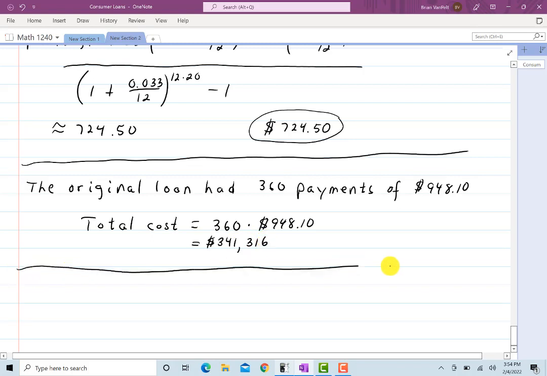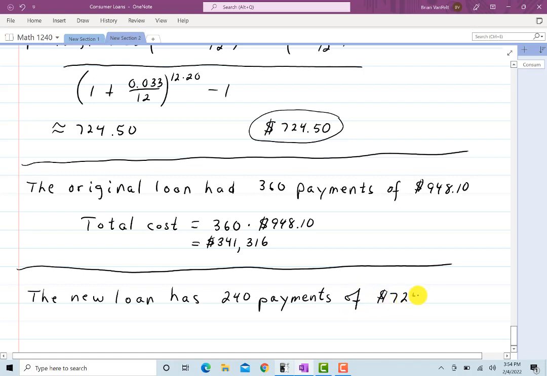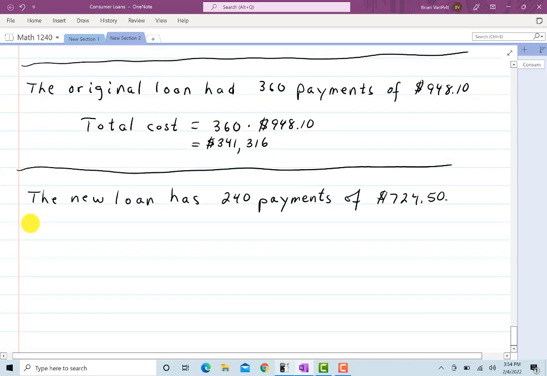Now for the new loan. It has 240 payments of $724.50. So what is the total cost of this one?